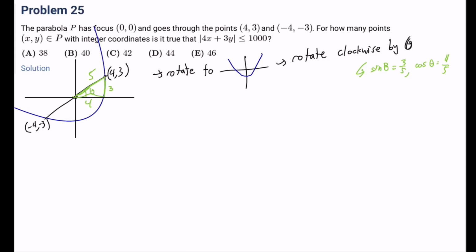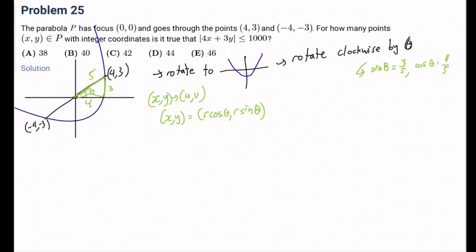Next, what we want to do is get the (x, y) values of this one to (u, v) values. So we want (x, y) to become (u, v), and that's going to be values on here. We know that if we put (x, y) in polar form, it's going to be (r cosine theta, r sine theta).